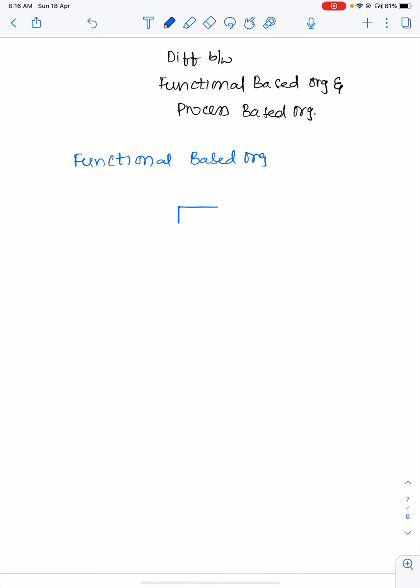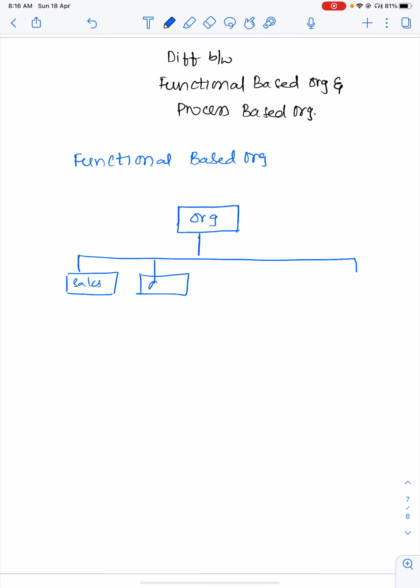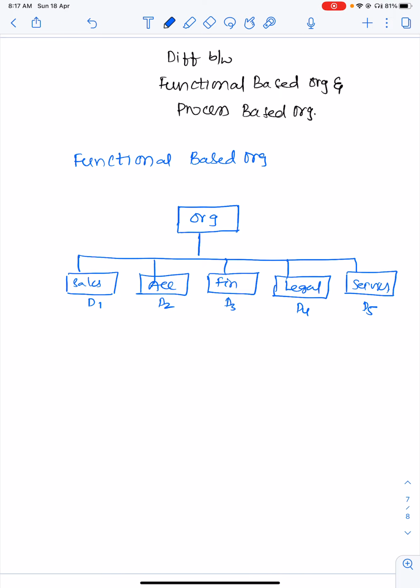The entire organization will be divided into certain departments, like sales department, accounts department, finance department, legal department, services department, etc. So if you divide the entire business or entire organization into certain departments, department 1, department 2, department 3, department 4, and department 5, that is called a function based organization.